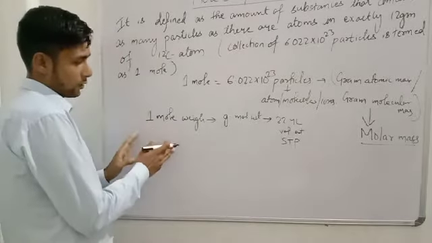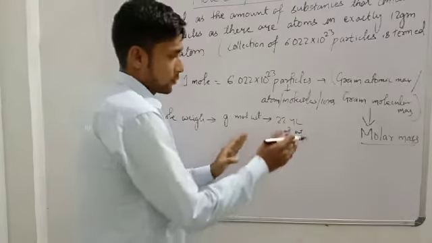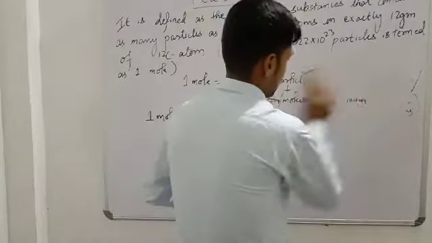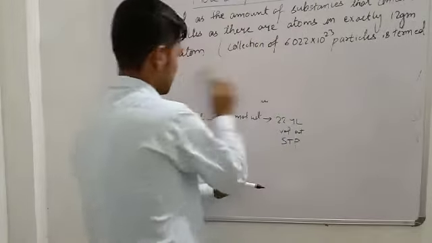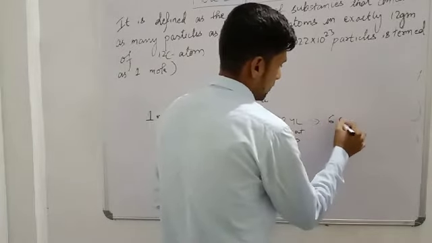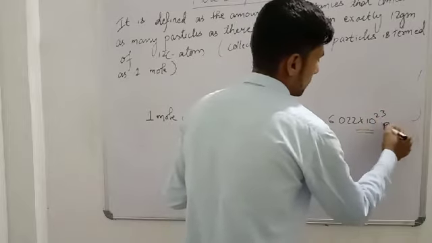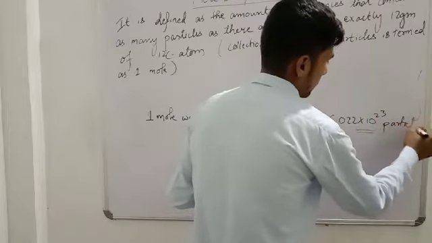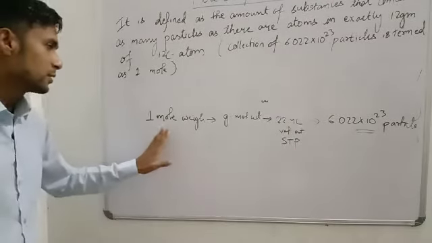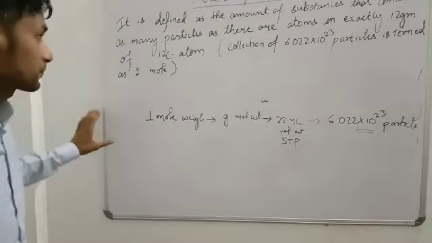And 1 mole, or gram molecular weight, or 22.4 liter of gas will have 6.022 into 10 to the power 23 number of particles. Particles means atoms, molecules or ions.